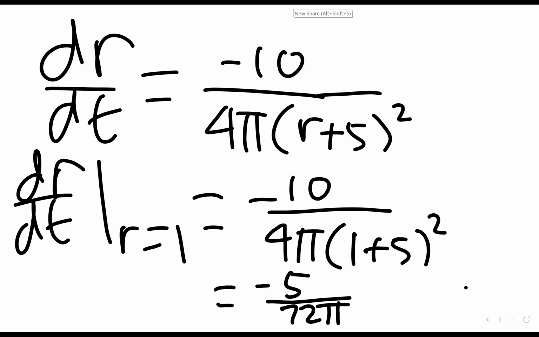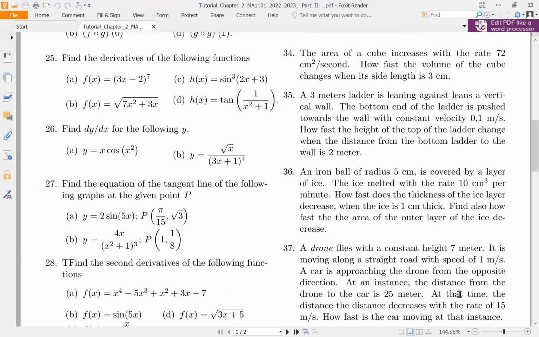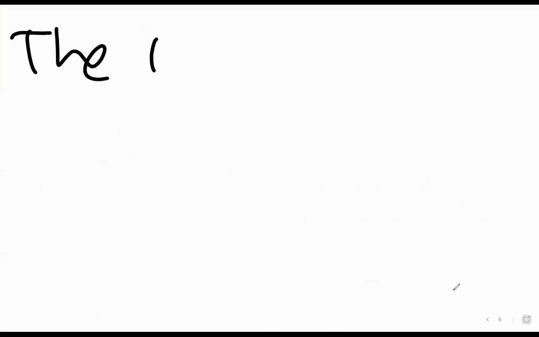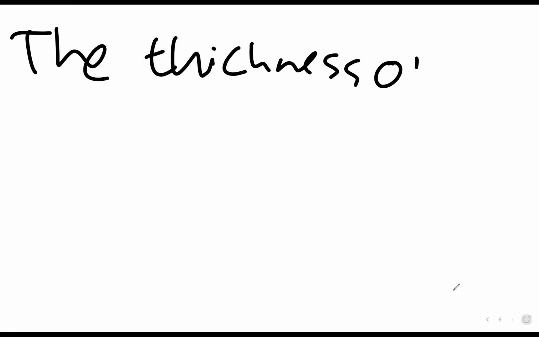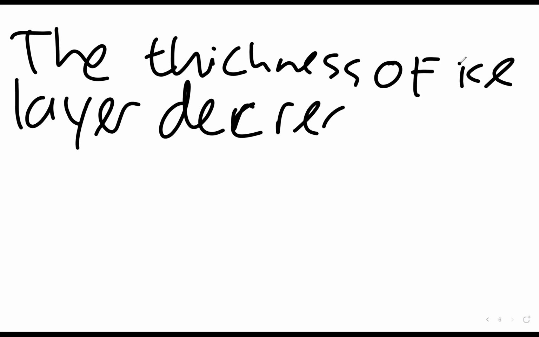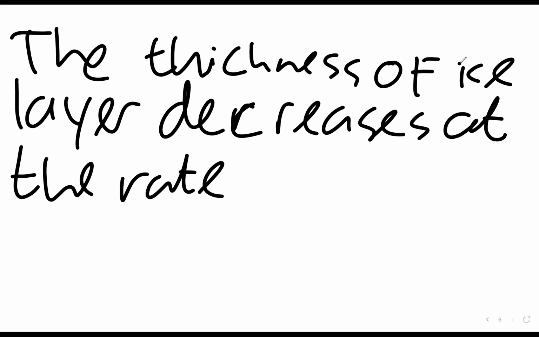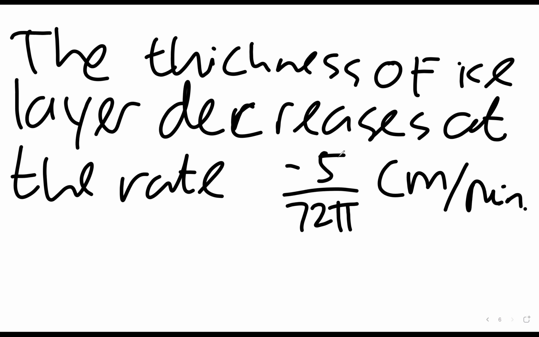So I will write the conclusion: the thickness of the ice layer decreases at the rate minus 5 over 72 pi centimeter per minute. Okay, that's the answer.